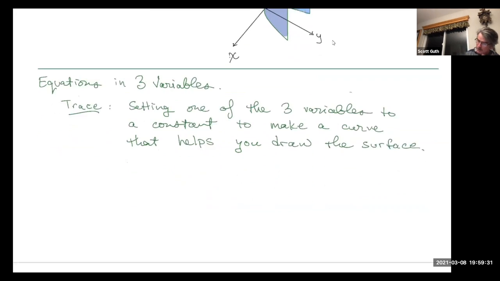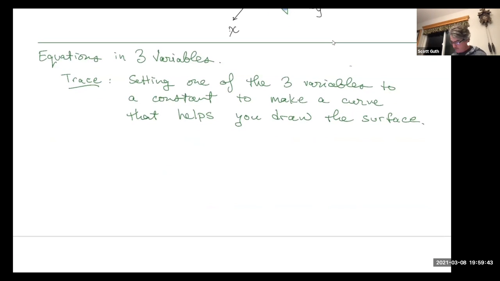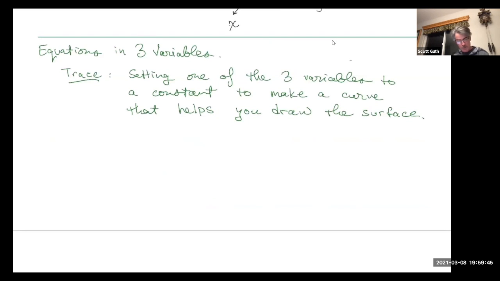Okay, so when I'm drawing these graphs with 3 variables, I usually just try and pick good traces. And so let's see what this comes out as. Little example here.